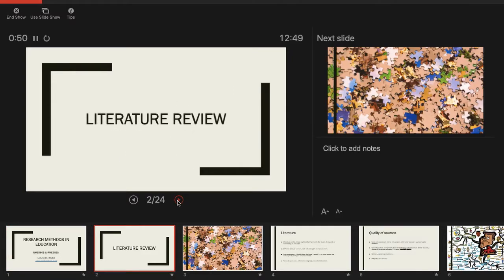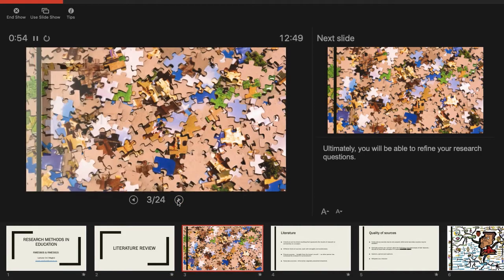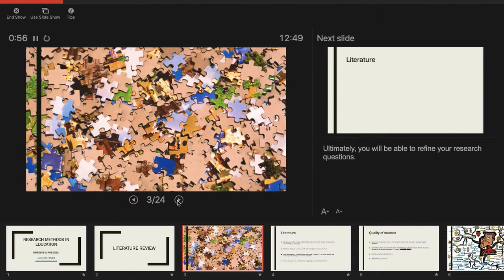So, the literature review. Now, when you think of the literature review, you are probably overwhelmed with the fact that there is a certain amount of information available through the various sources, and it's quite important for you to sit down and visualize how this literature review might look.